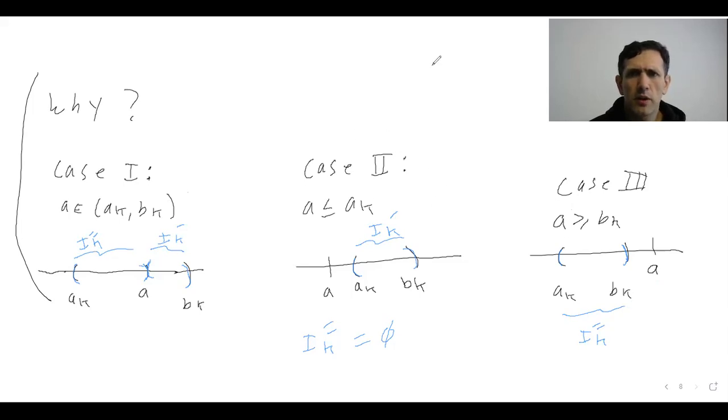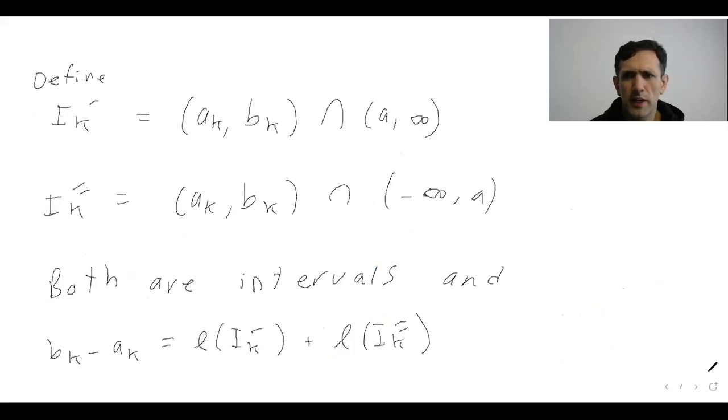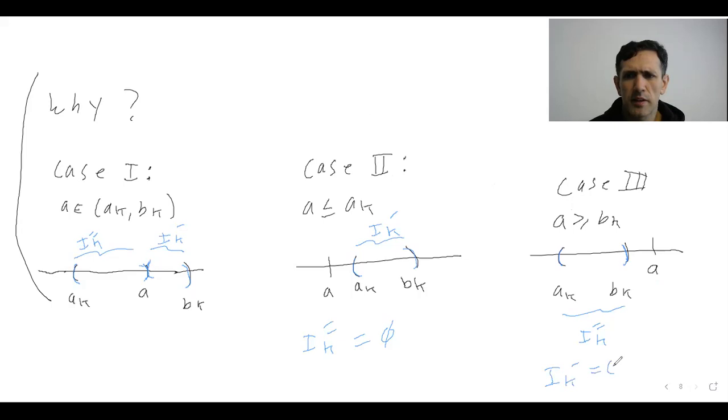Right. So here, IK prime, this one right here is empty. So the length of IK prime is 0. The length of IK second prime equals the length of AK to BK because IK second prime is AK to BK.